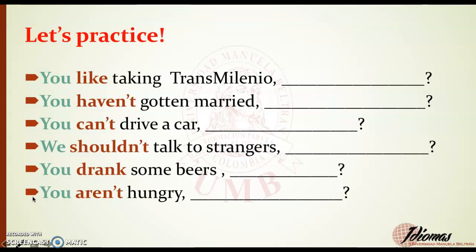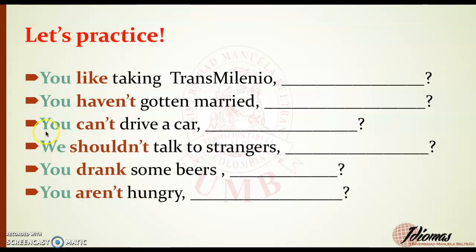There are 6 sentences, and what we are going to do is try to create the tag question. Here in the green color, I gave you the pronouns, the person: you, we, and so on. And in the red color, we have the key thing to do the tag question.